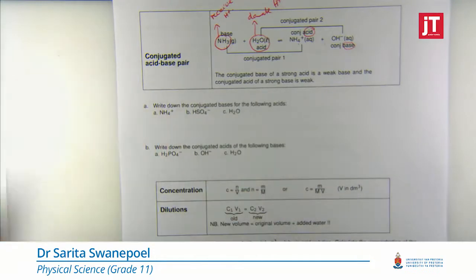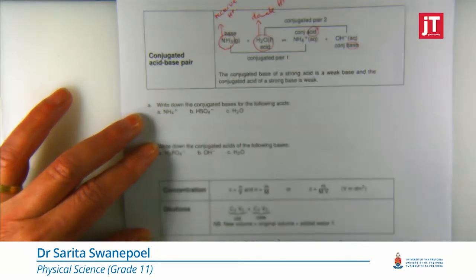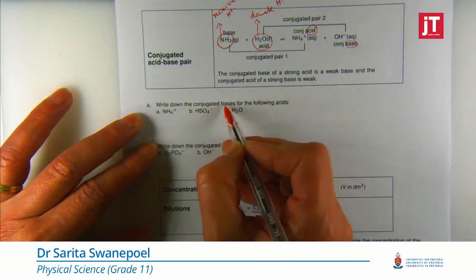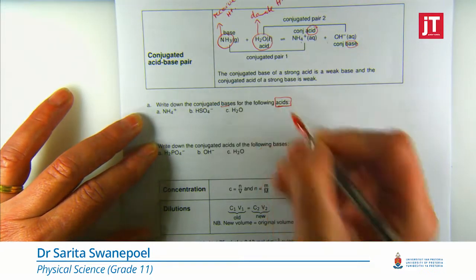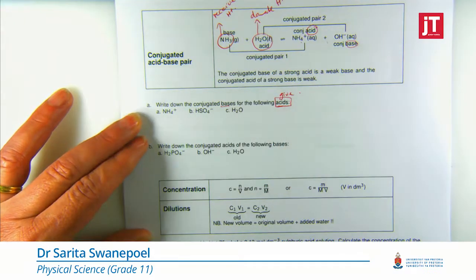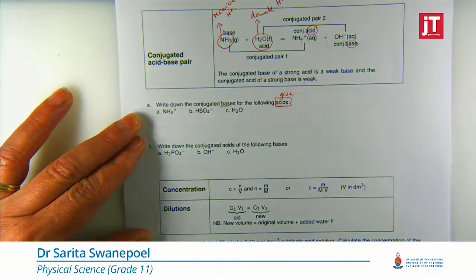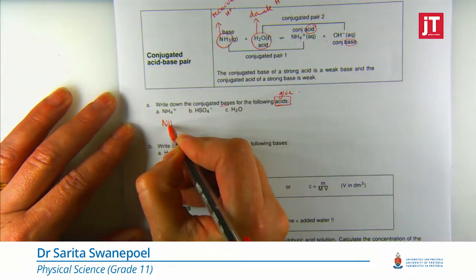Write down the conjugated base for the following acid. What do they give you? They give you the acid, and they're asking for the base. So what should the acid do? It should give off an H plus. If this one gives off an H plus, it will end up as NH3.